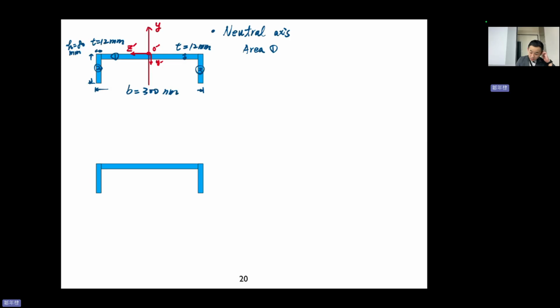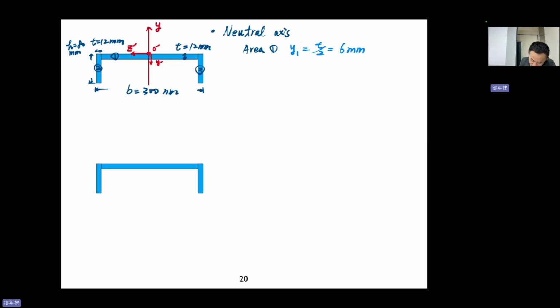Okay. So now we are going to take the area 1 centroid corresponding to the O plane coordinates. Here, y1. What is y1? t divided by 2, which is 6 mm.